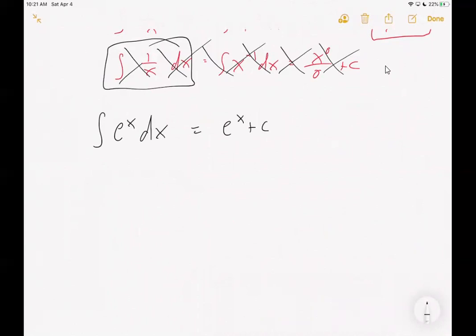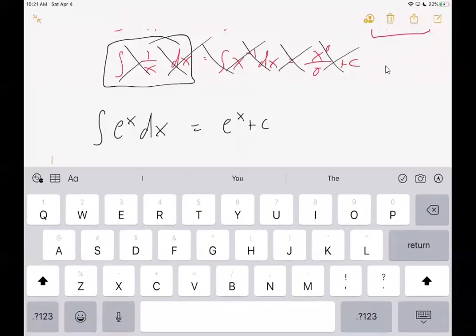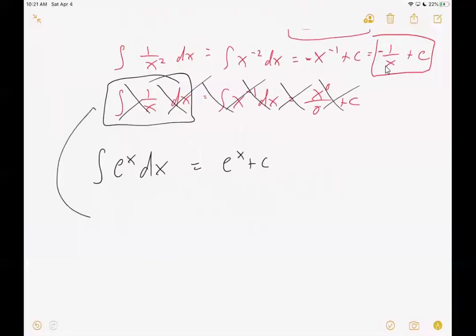Okay, so we actually don't know how to do ln of x, so we're going to put that on hold, but just bringing this one case down that we already knew. We knew that the derivative of ln of x was 1 over x, so the integral of 1 over x dx is in fact the natural log of x with absolute value signs plus c.